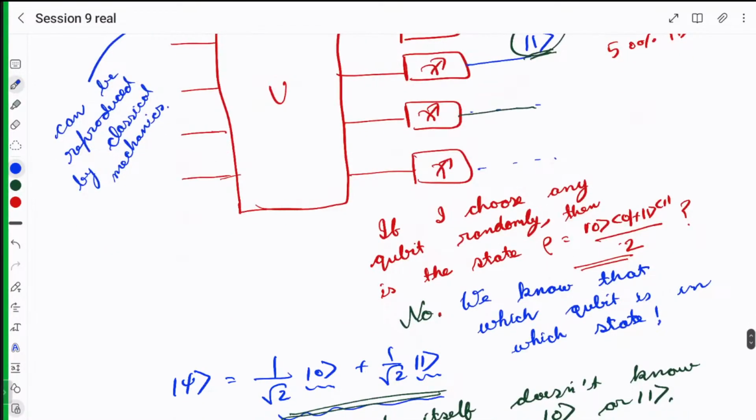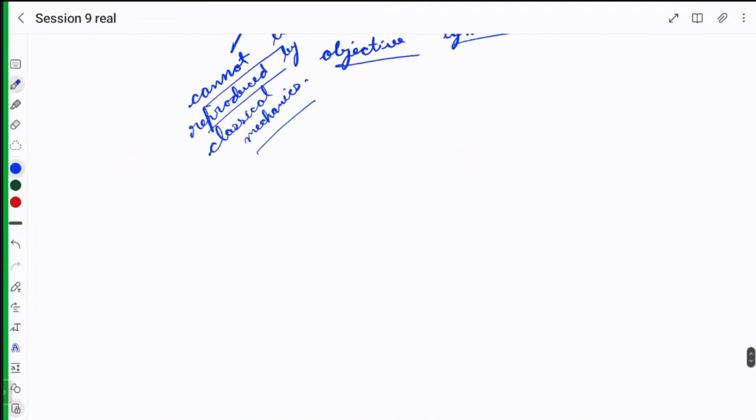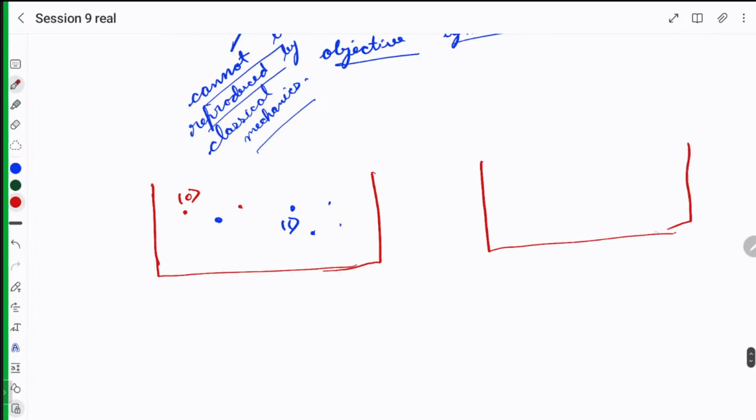Yes. So let me try to elaborate and tell you the difference in this fashion. Okay. So we again have some Ket 0s and Ket 1s, and again we have this subjective ignorance, that we don't know which is in Ket 0 and which is in Ket 1. And here I have another box where each qubit or each electron is in this superposition 0 plus 1 by root 2, each and every one of them. All are these green ones.